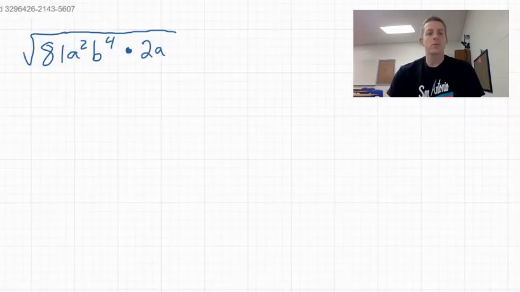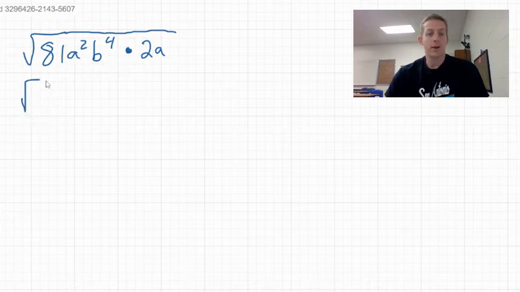Here we have an example, square root of 81a squared b to the fourth times 2a. What do you think we need to do first? Which rule do we need to use? Well, we're going to use the product rule to start with. So let's break these apart. Since this is where the multiplication is, this is where my break is going to be. I'm going to draw a dotted line there so I can clearly see that.